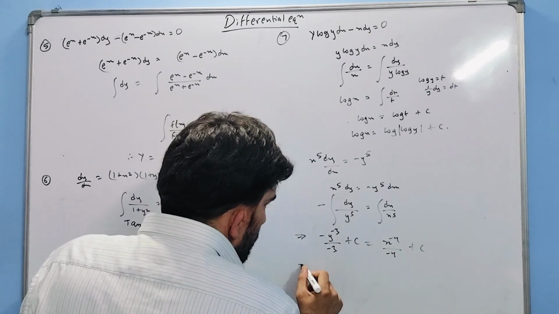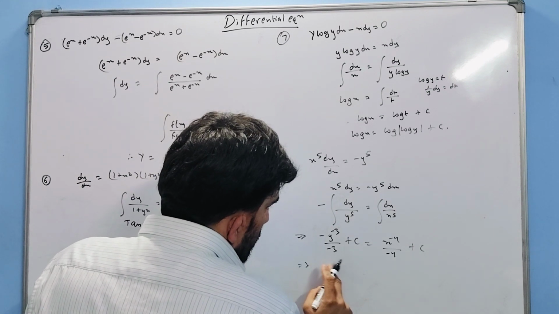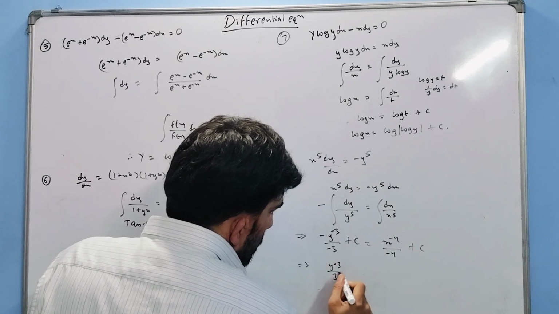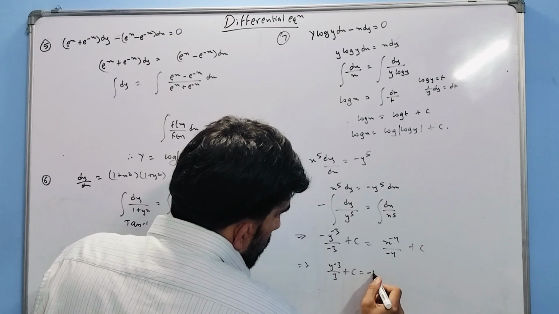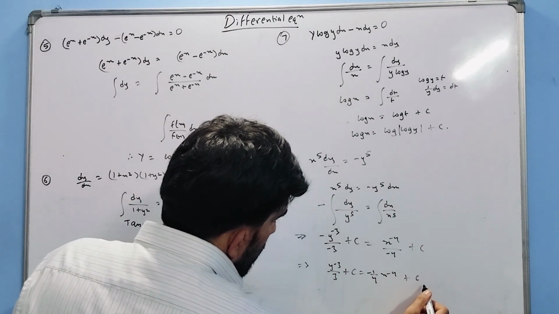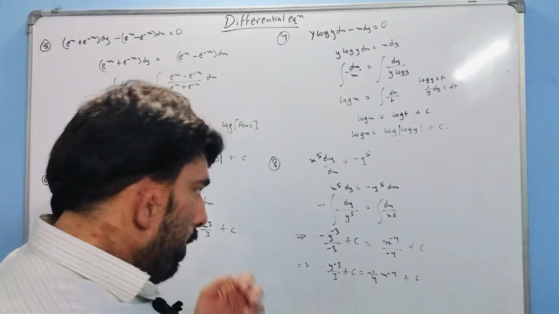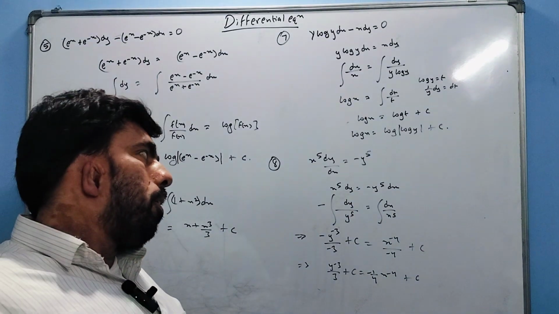So I got y⁻³/(-3) + c = -1/(4) x⁻⁴ + c. So that is how we easily find the solution of the given differential equation.